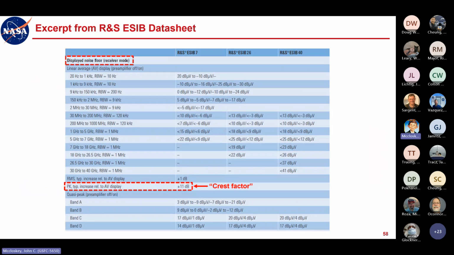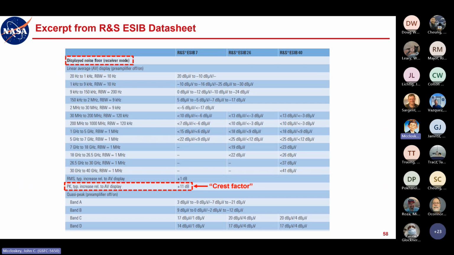So right here's an example from at least one of the older frequency swept receivers we've used, the Rohde & Schwarz ESIB. At least historically, they've typically displayed a displayed average noise floor.